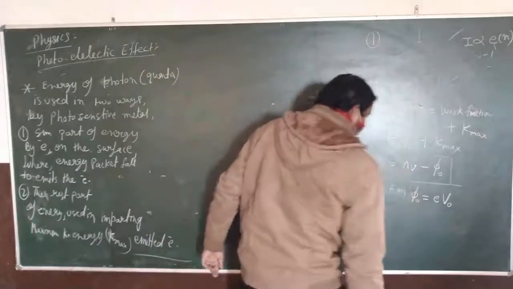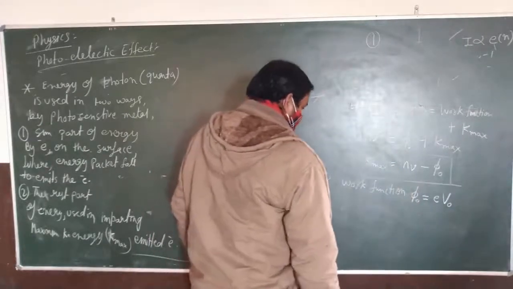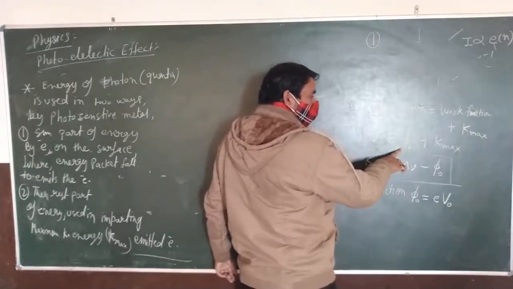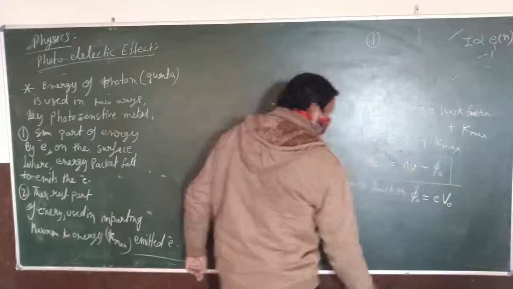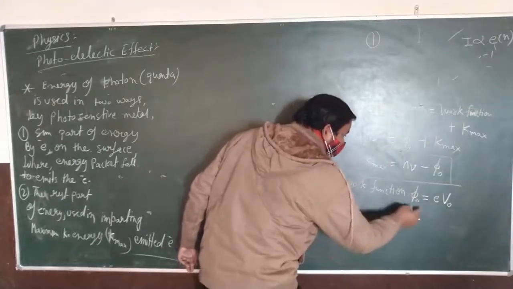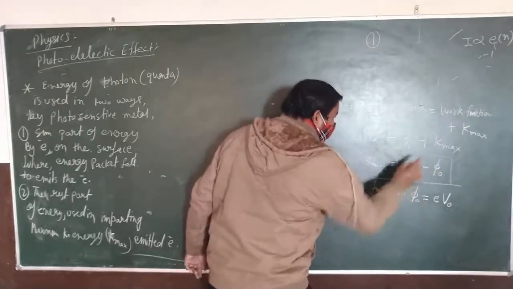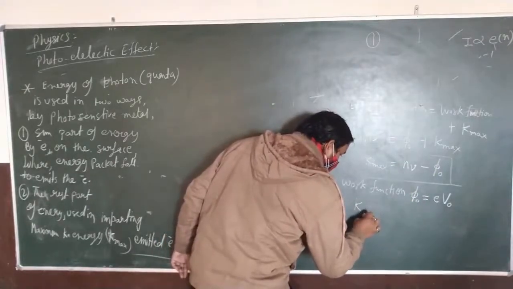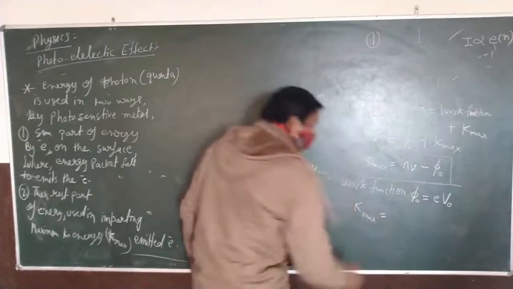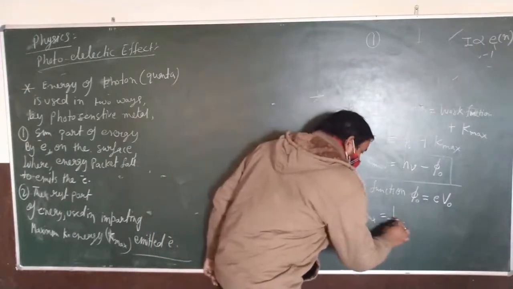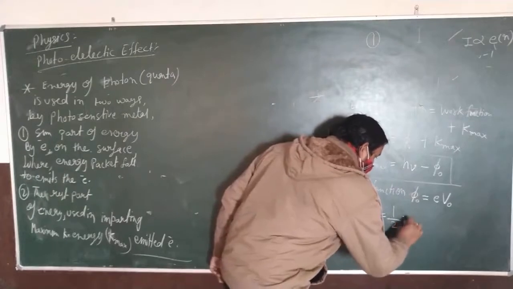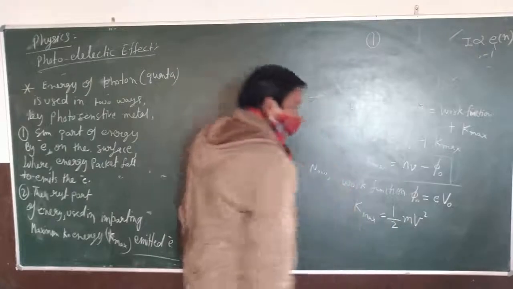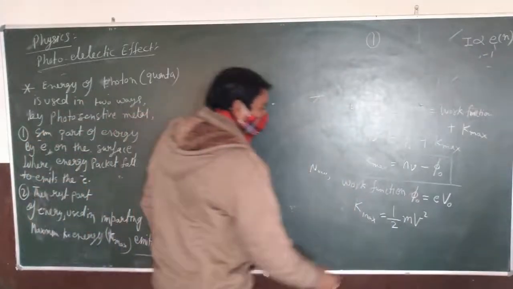And according to the theory, from the work function we get that the maximum kinetic energy is equal to the mass of the electron, let's say m, and velocity gained by it.